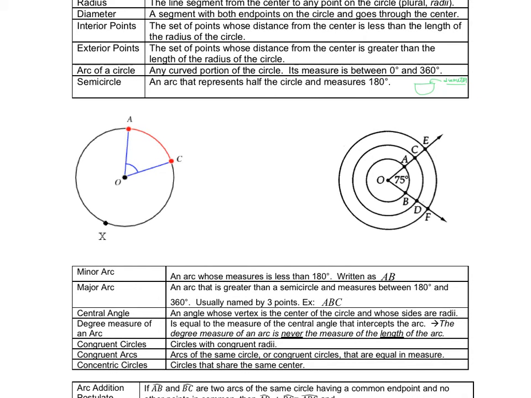A minor arc is an arc whose measure is less than 180 degrees. So for instance, in my visual to the left, AC is a minor arc.